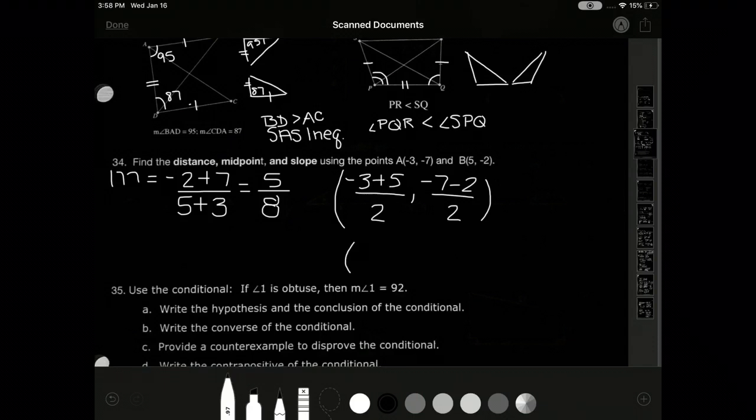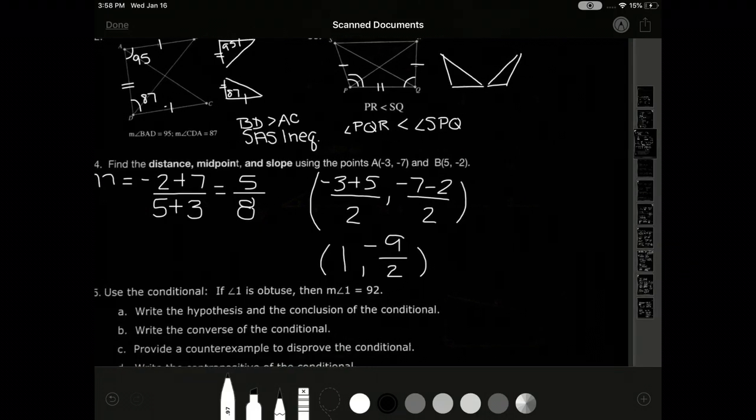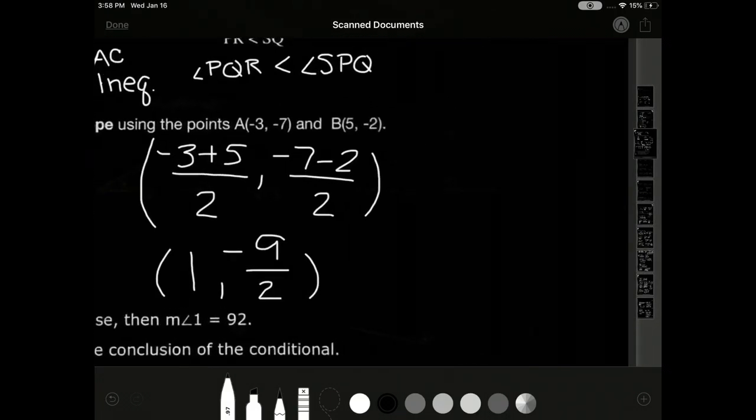So negative 3 plus 5 is 2. 2 divided by 2 is just 1. And then negative 7 minus 2 is negative 9. Negative 9 divided by 2 is going to be negative 4.5, or negative 9 over 2. There's your midpoint.